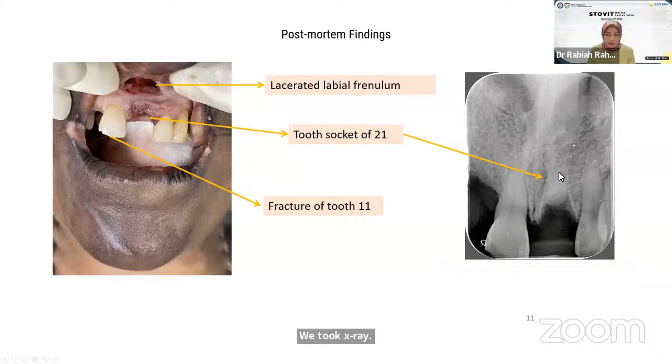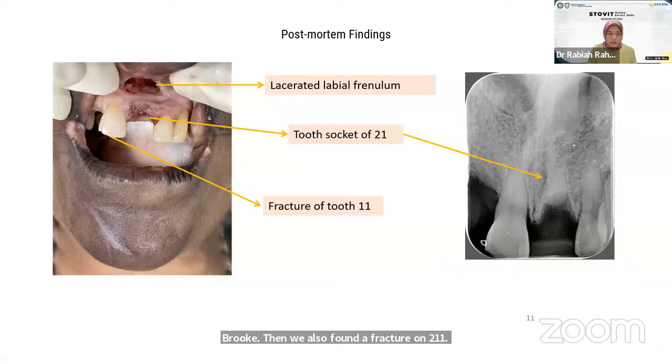But still we could not say whether this was a person who fell down, fractured the tooth and it fell out, or whether the tooth had been extracted but just broke. Then we also found a fracture on tooth 1. We also found a lacerated labial frenum.